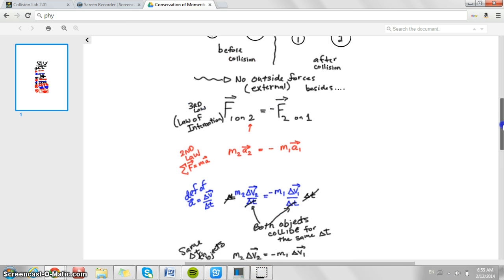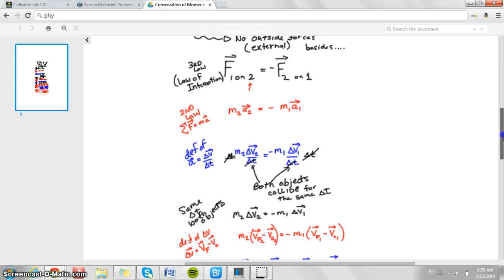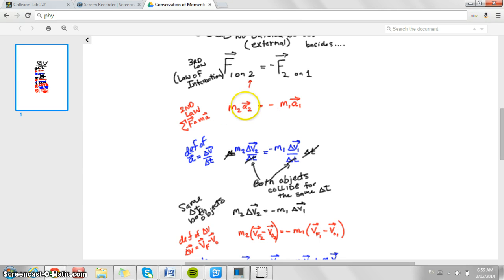And here we're going to apply our third law to momentum. We start with the mass of object 2 and its acceleration, and then the mass and acceleration of object 1. And I think we have a negative sign because of the velocity vector.